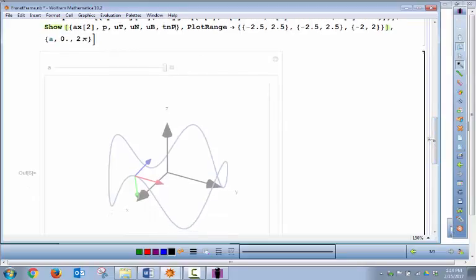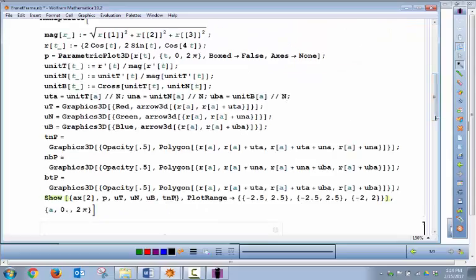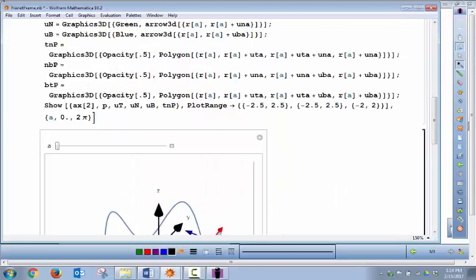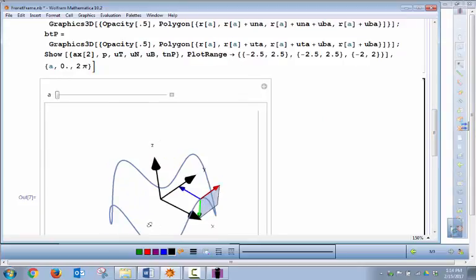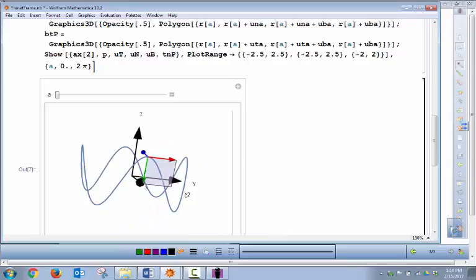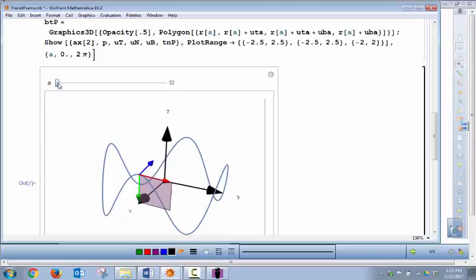The first plane we'll look at is the TN plane, like the floor of the roller coaster that you're sitting on. That's the plane that contains the tangent and the normal, and it is called the osculating plane. That's the plane that has the velocity and acceleration vectors.